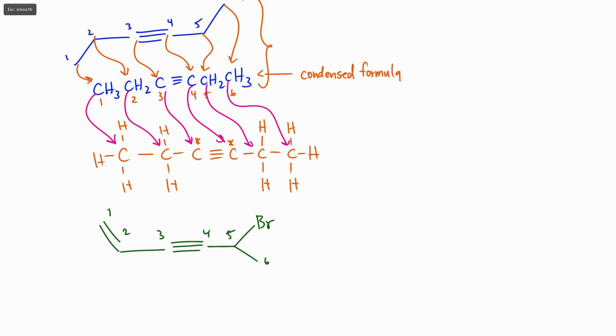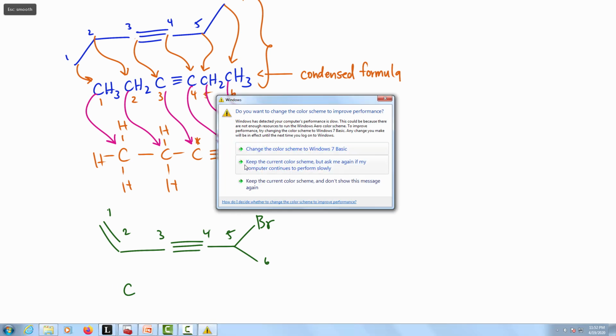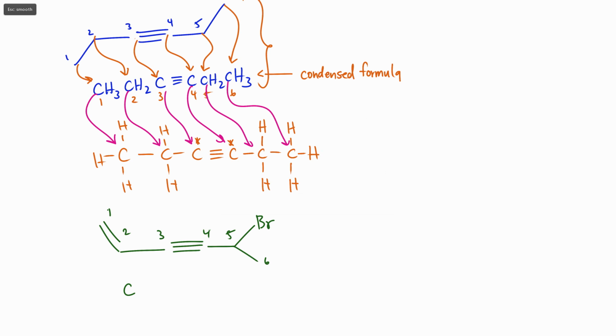So we have a carbon, and this is doubly bonded to a carbon with 2 hydrogens. So this would be 1 right here, and this would be 2. We have to remember we have implied hydrogens.